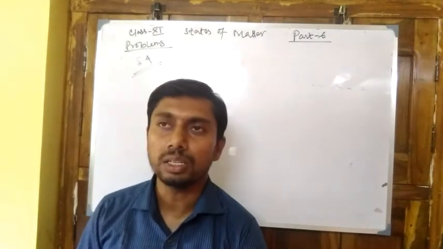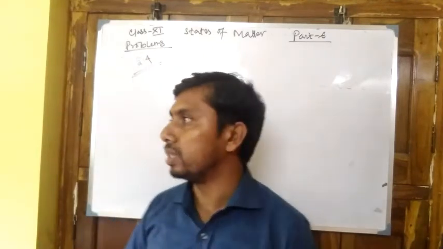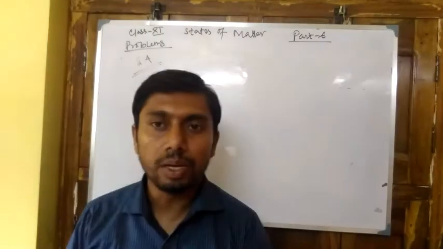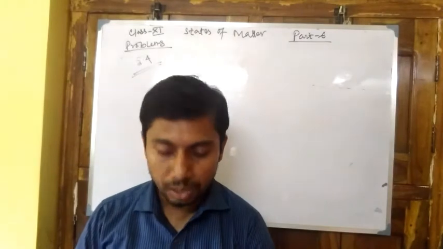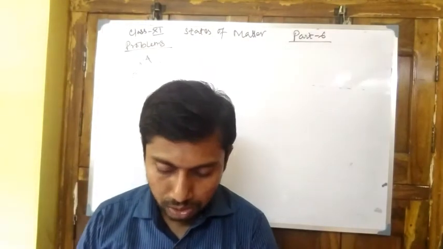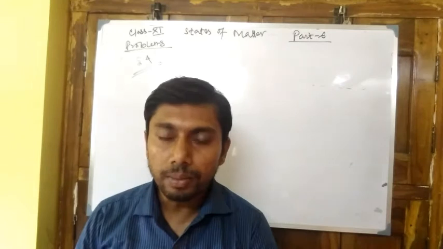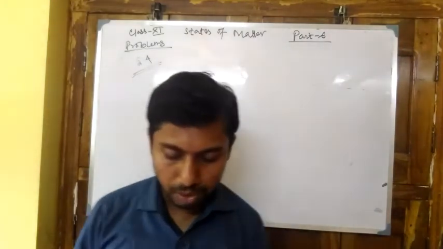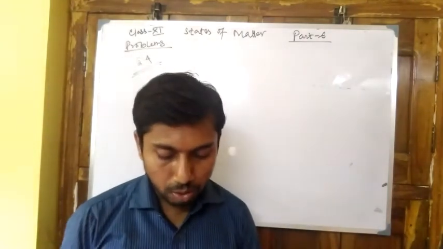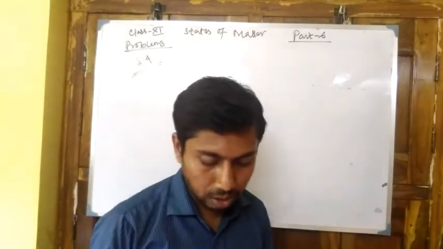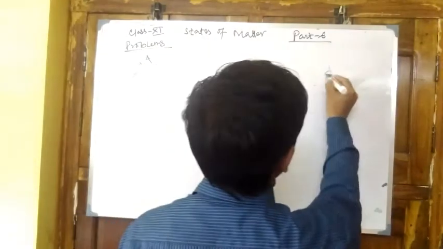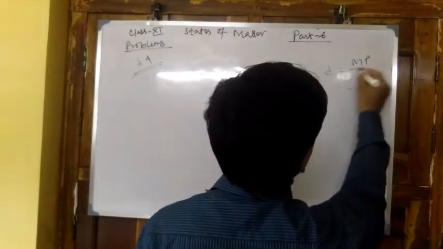This is an extension of the ideal gas equation. We have just derived that M equals dRT by P. Using this equation, we can solve the problem. First of all, we have to make the equation D equals MP by RT.